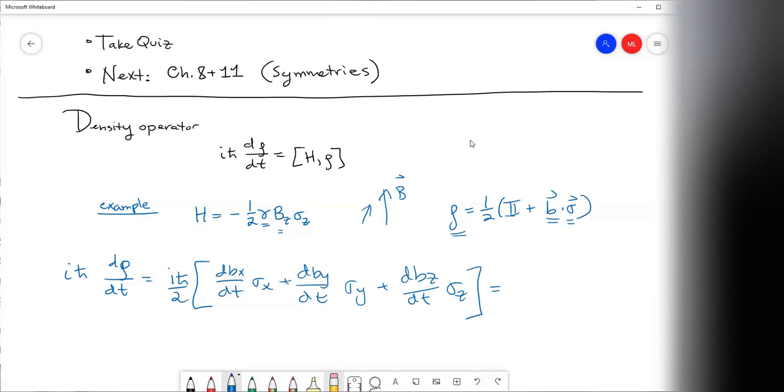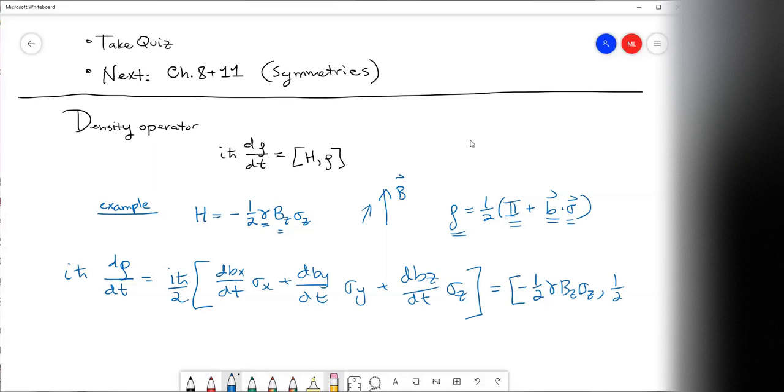and that would be the commutation relation between these guys and rho, but that, of course, commutes with the identity, so that part's 0.